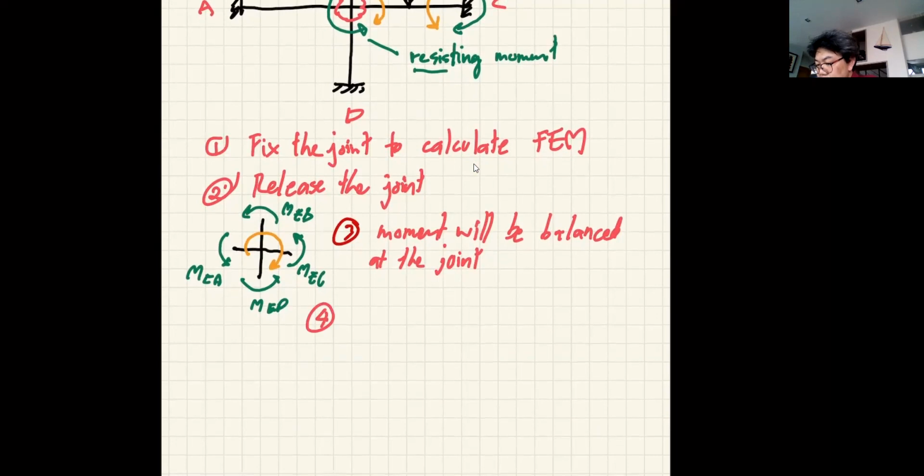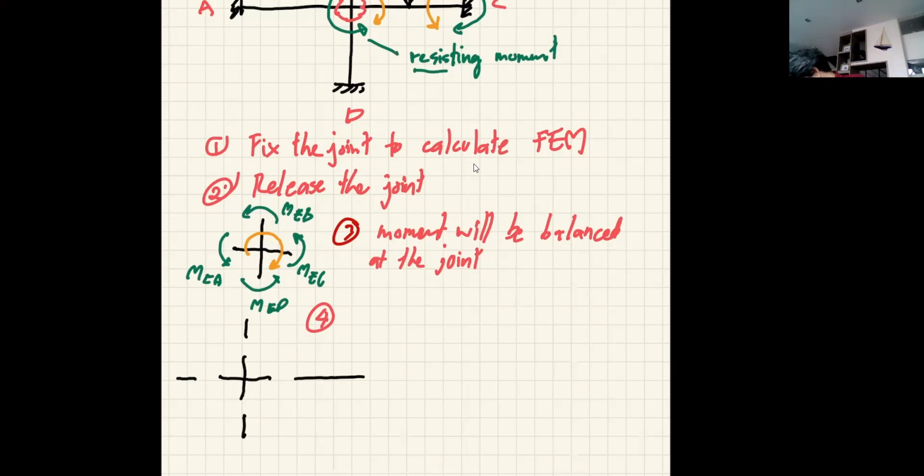If I look at the joint, these joints are formed by members, right? So in the end, I have this member, that member, and then that member, okay? So if you have this green one, it has to be balanced.